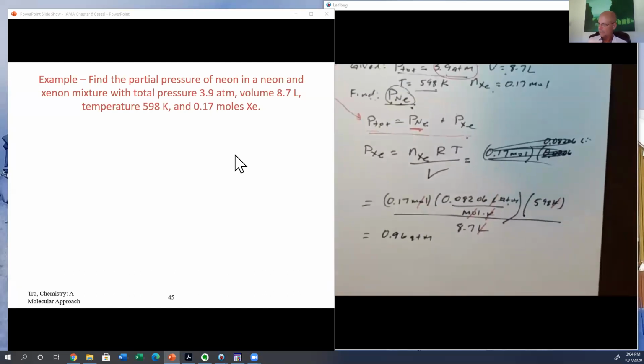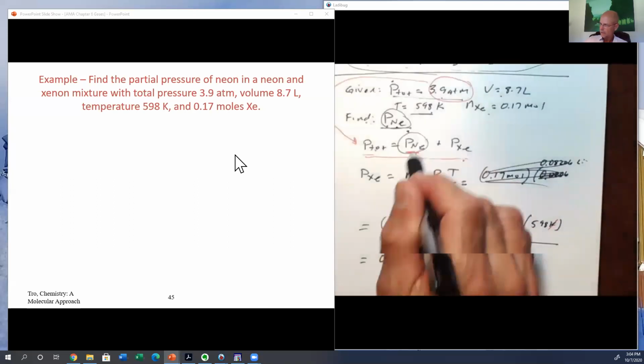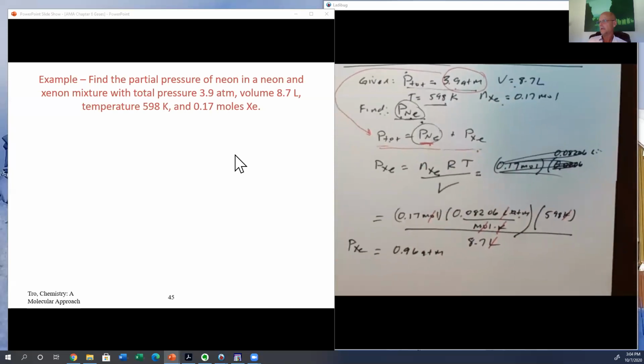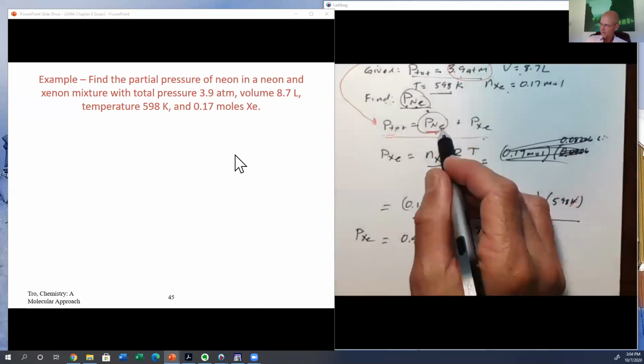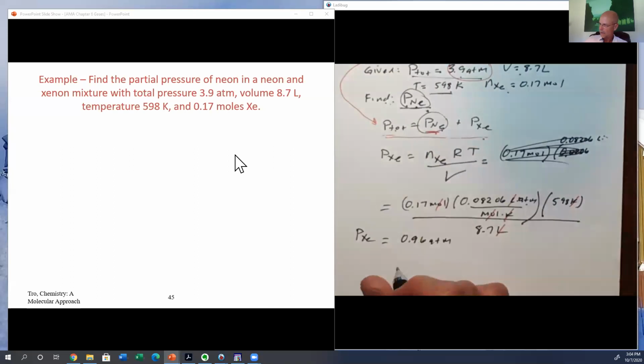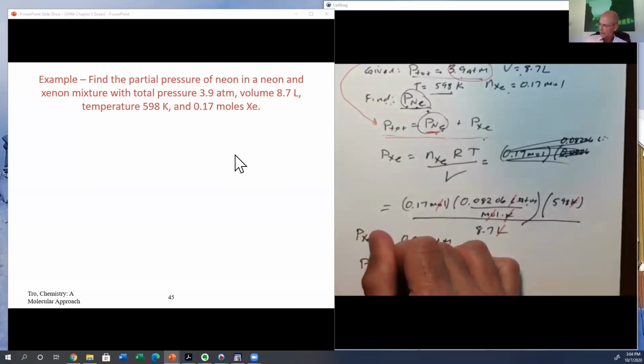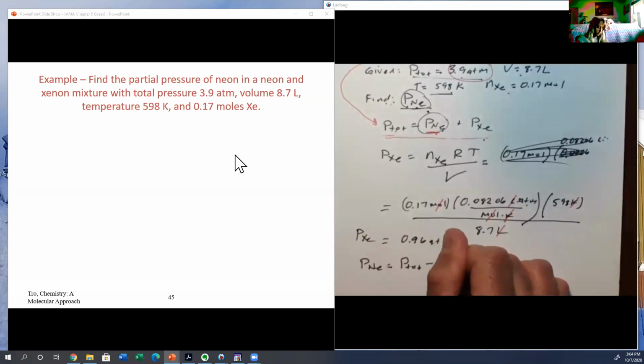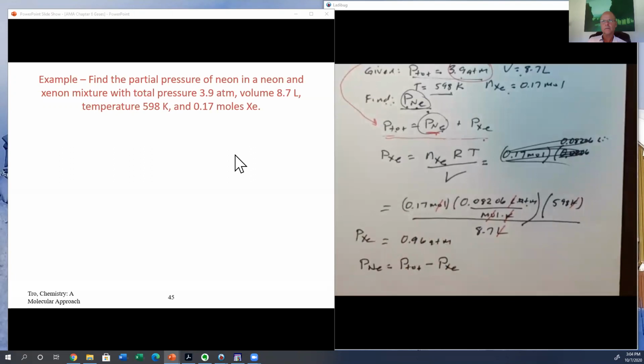What am I trying to get to? I'm trying to get the partial pressure of neon. This just gives me the partial pressure of xenon. So the partial pressure of neon is equal to the total pressure minus the pressure of xenon that I just calculated.